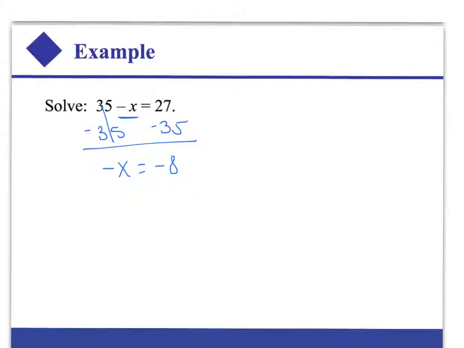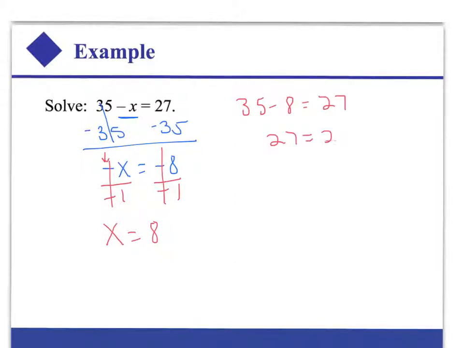Remember, you can't have a negative right here, so we need to clean that up. So if I divide both sides by negative 1, that makes this go away, so we have a positive variable. And then negative 8 divided by negative 1, those negatives turn into positives, so our final answer is 8. Again, you can check your work and see 35 minus 8 equals 27, 27 equals 27, so yes, that is correct.